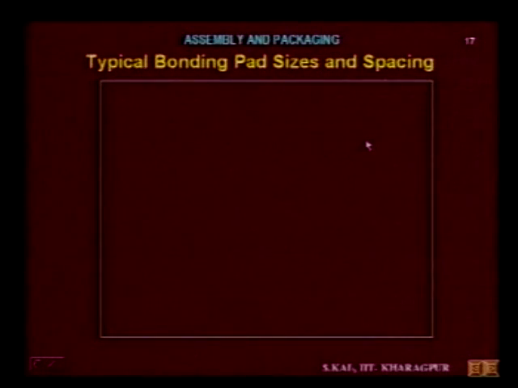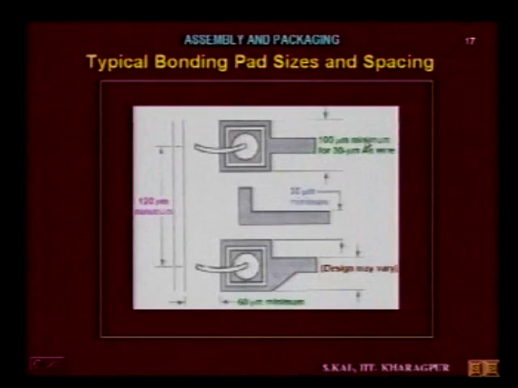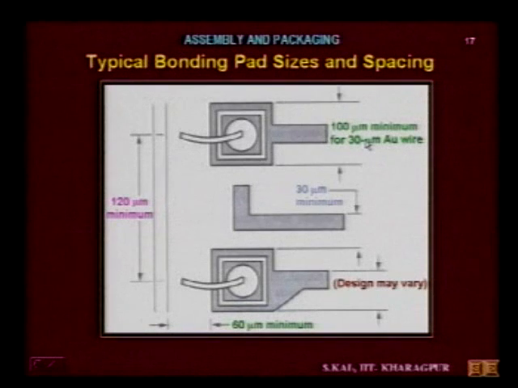Now I will show you typical bonding pad sizes and spacings. When you are going for packaging or assembly, you have to design the bonding pads on the wafer. That means what should be the minimum size of the bond pads, what should be the separation from one bond pad to another bond pad, what should be the gap between a bond pad and interconnection wires.